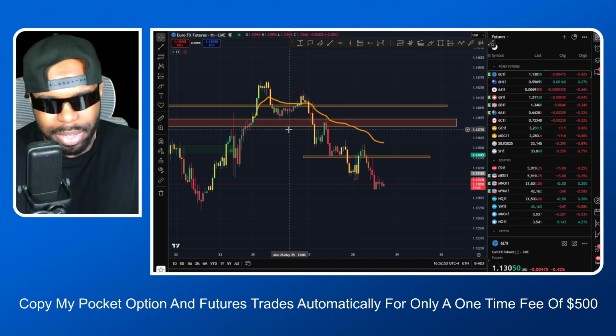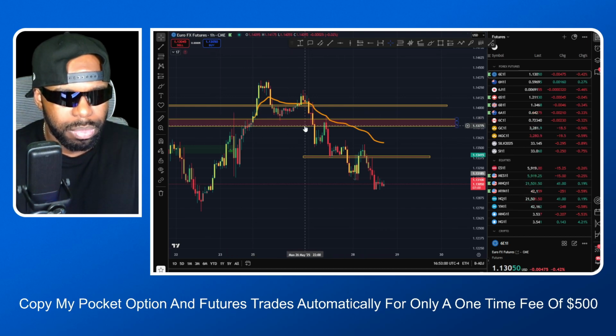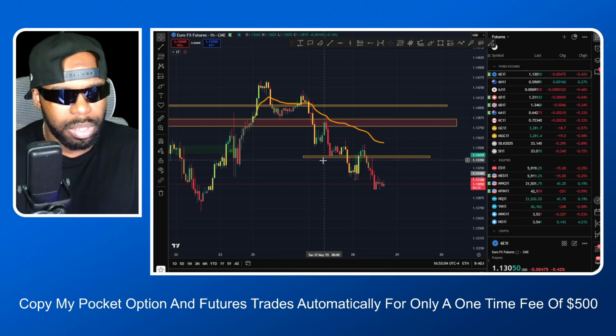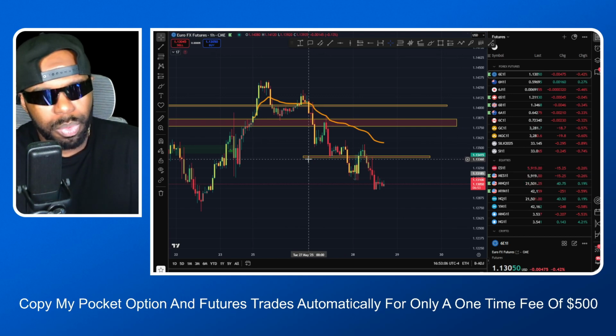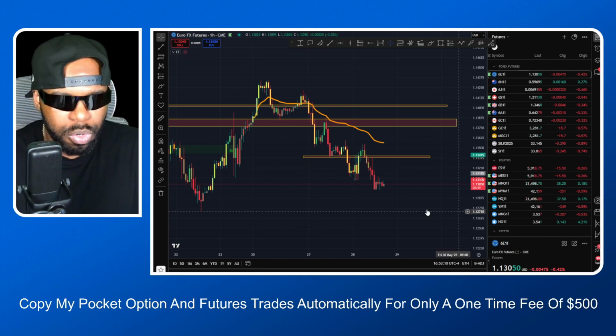Whatever the highest point between 8 a.m. and 5 p.m. is, that's going to be the high of my zone, and the lowest point between 8 a.m. and 5 p.m., I'm also going to draw as my zone on the low side.